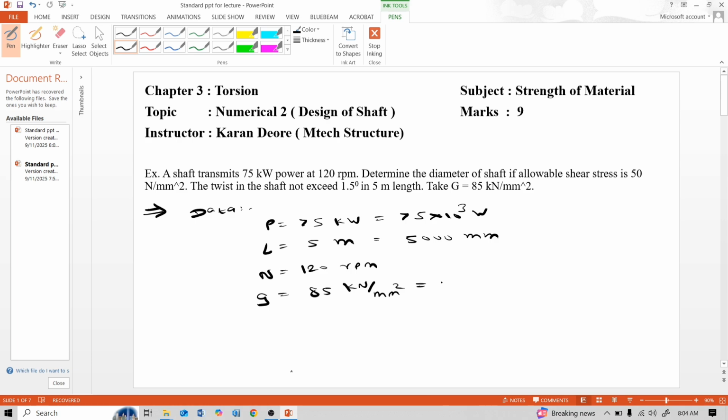To convert to Newton per mm square, multiply by 10 raised to 3. So 85 kilonewton per mm square means 85 into 10 raised to 3 Newton per mm square.